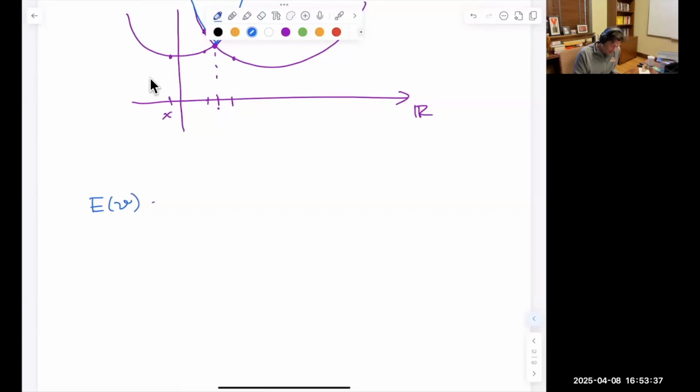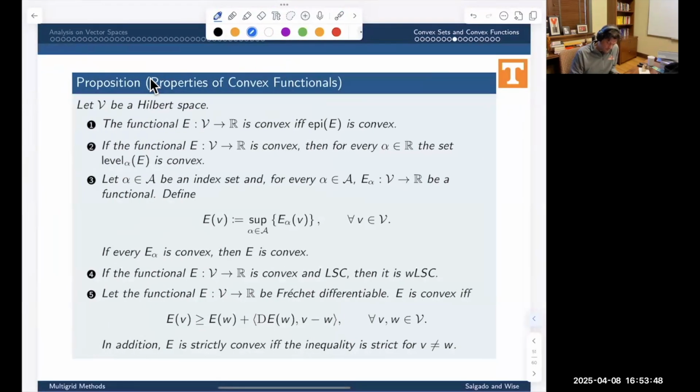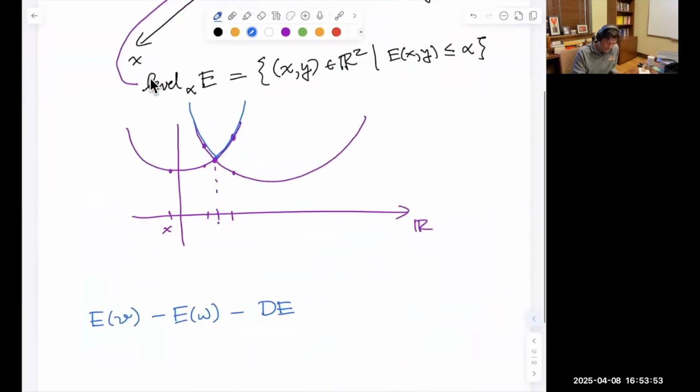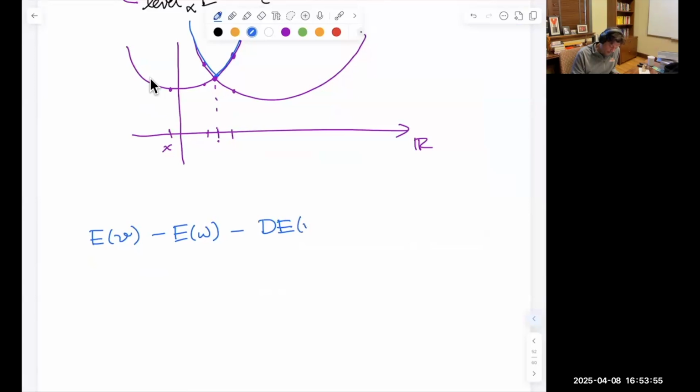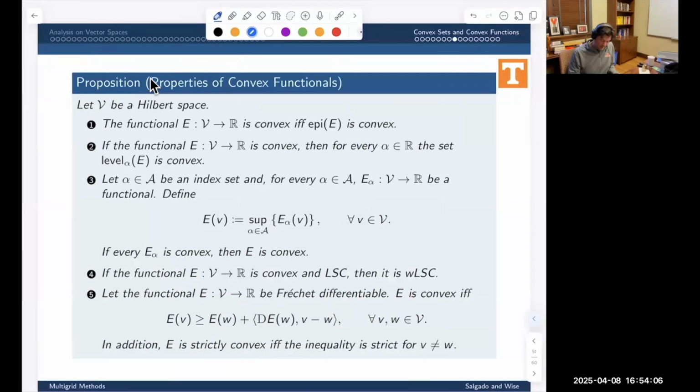E of V minus E of W minus dE at W, right? It has to be W, applied to V minus W. So what I'm saying is that part has to be positive if this part satisfies this inequality.